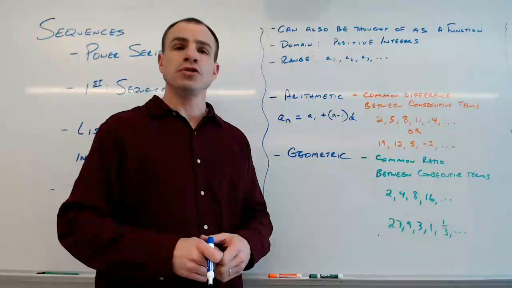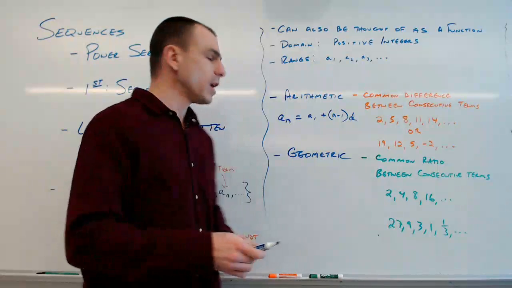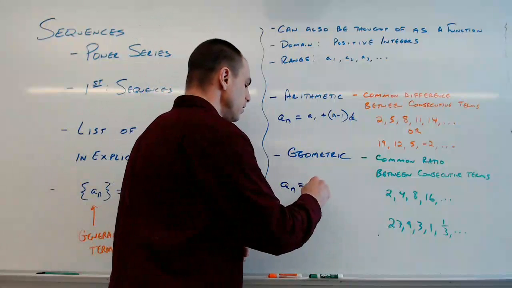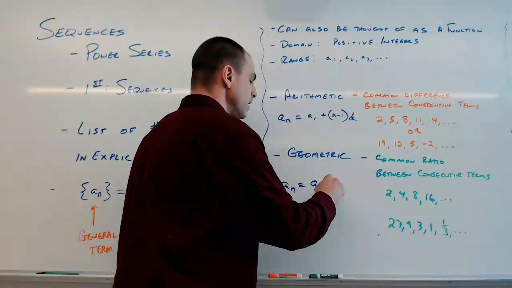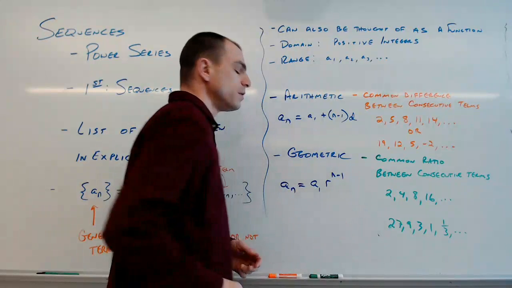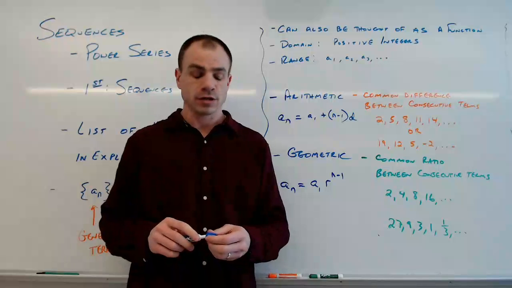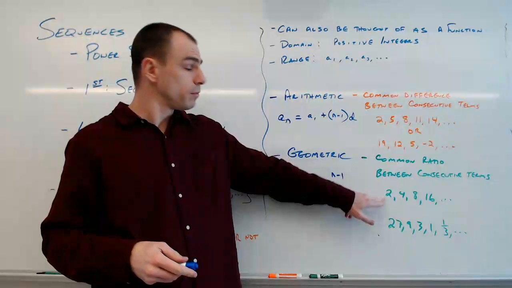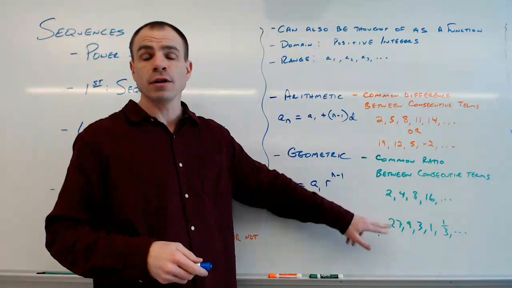Those are geometric sequences, all right? And if we were to put a general term for those, a sub n is equal to the first term times a common ratio to the n minus 1 power. So the common ratio here would be 2, because we're multiplying by 2. And the common ratio here would be a third.